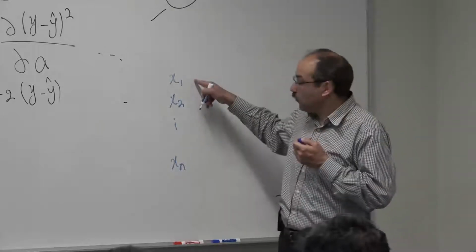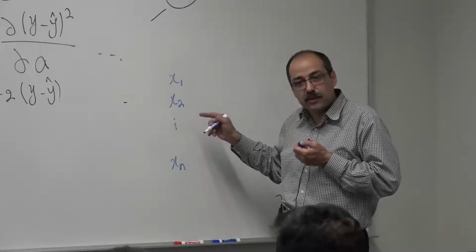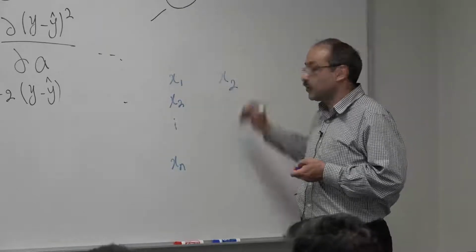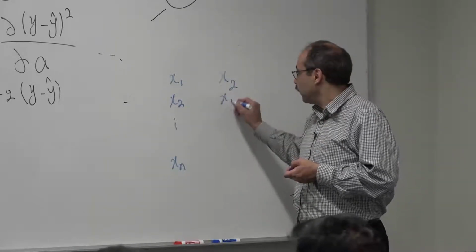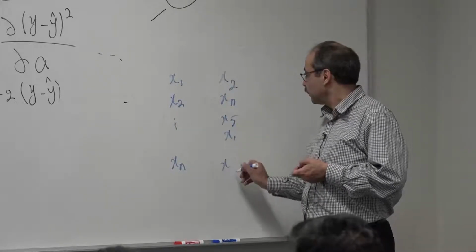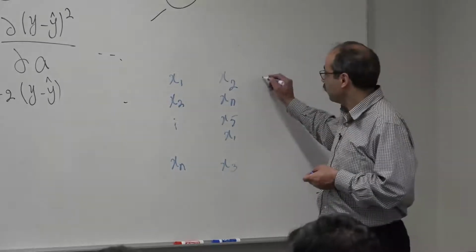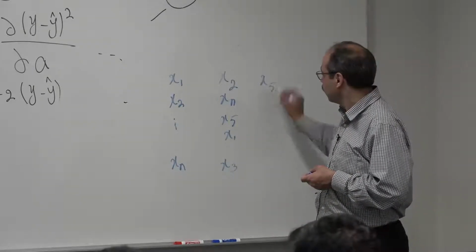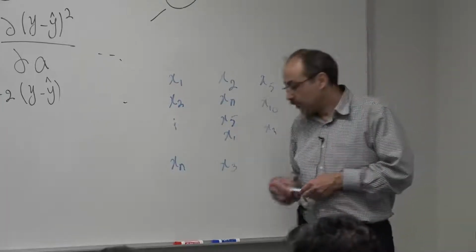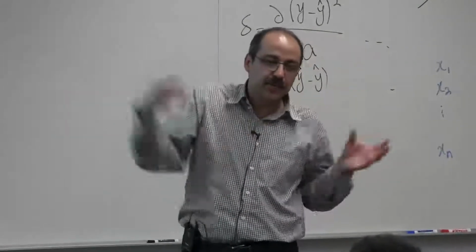We can keep the same order, x1, x2, but my suggestion is that I don't do that. Randomly change the order. This time, feed with x2 and xn, x5, x1, x3. And then next time, do it with x5, x10, xn, and so on. When you do different epochs, don't keep the order.